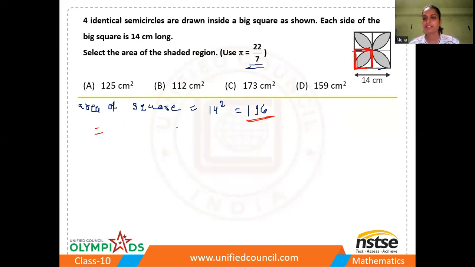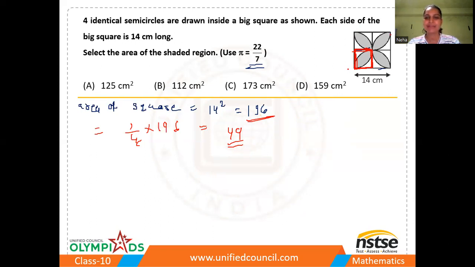So this is 1 by 4 of 196, which equals 49. The area of this portion equals 49. But here I don't need this also. I just need the area of the shaded portion.